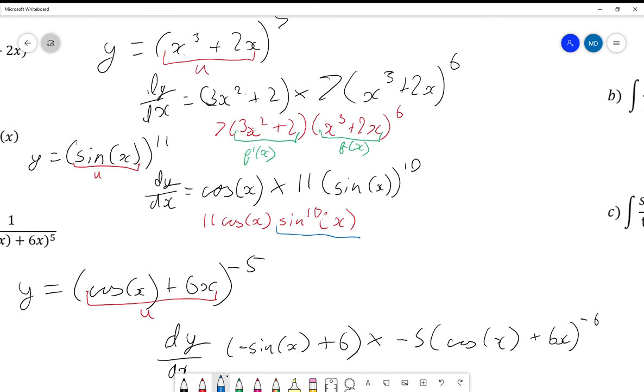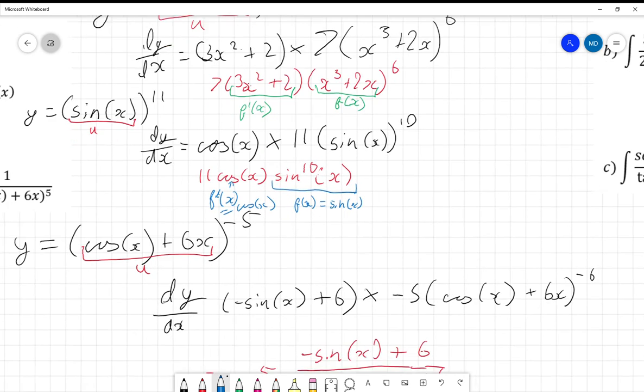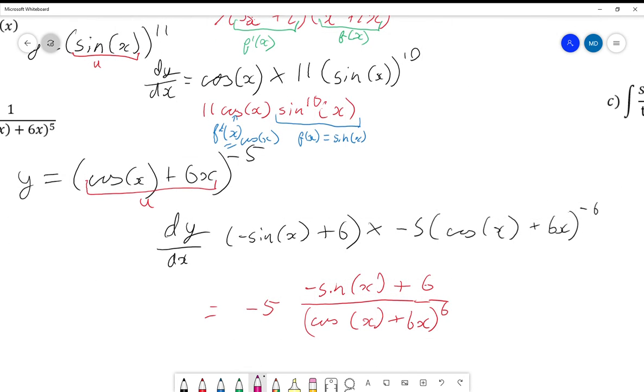If our f of x is sine x, then we still have our f dash of x here, equal to cosine x, the derivative of it. And in each case we have the derivative multiplied by a power of the original function. And again here, this whole thing is our f dash of x times our f of x.